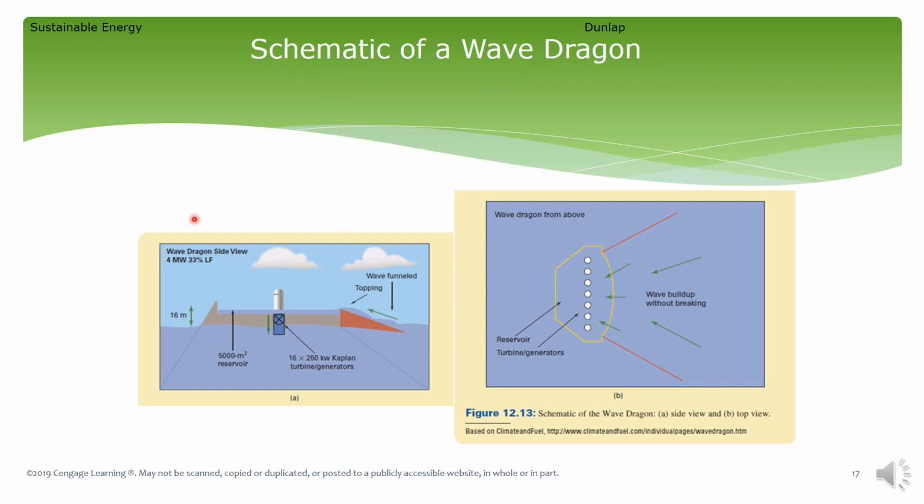So this figure shows a schematic of Wave Dragon. Wave direction. A is a side view and B is a top view.